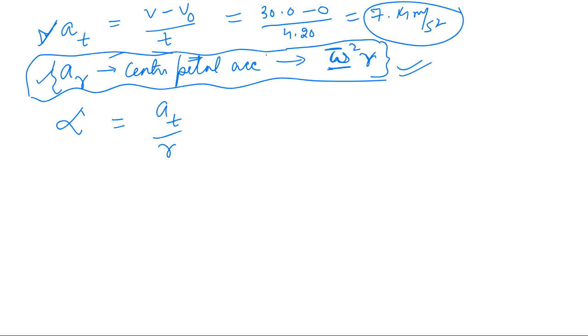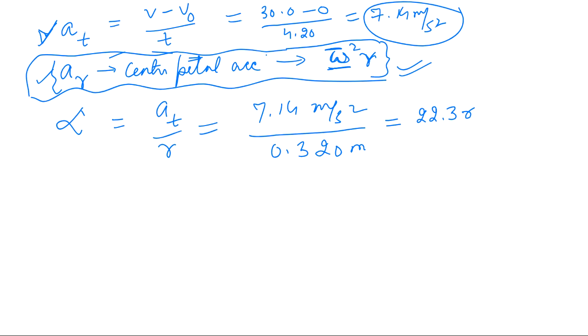So go ahead and find the second part of it. We have 7.14 meters per second squared divided by the radius, which is 0.320 meters. And once you work on it, you should get the value as 22.3 radians per second squared.